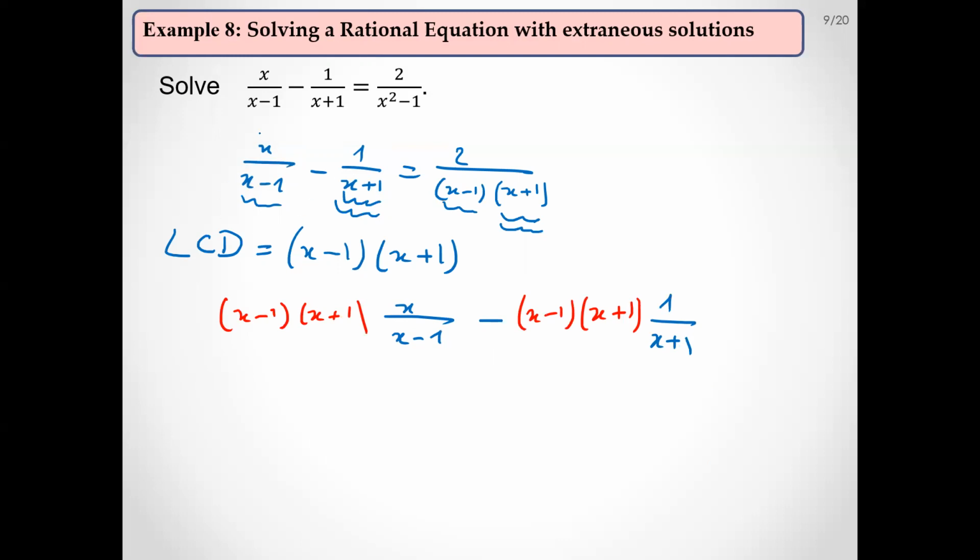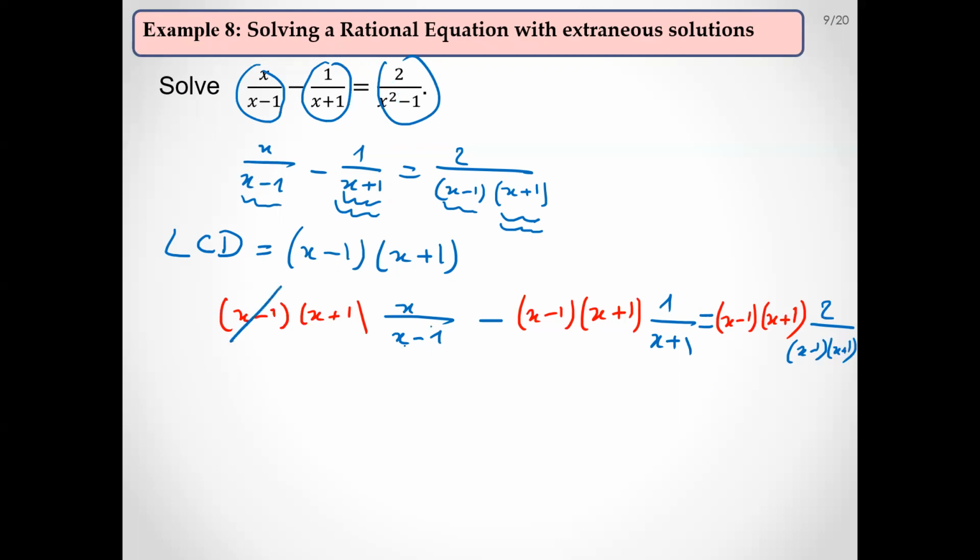Make sure we don't make a mistake. This is the first fraction, this is the second fraction, equals this third fraction. So we multiply by the LCD, x minus 1, x plus 1 times the third fraction, 2 over x squared minus 1, or in factored form, x minus 1, x plus 1.